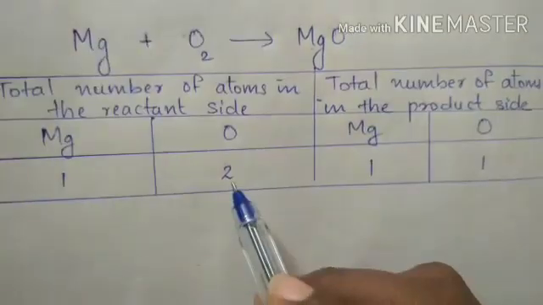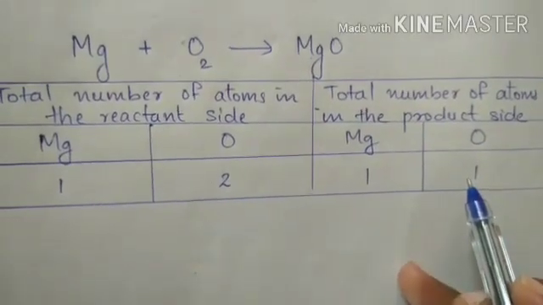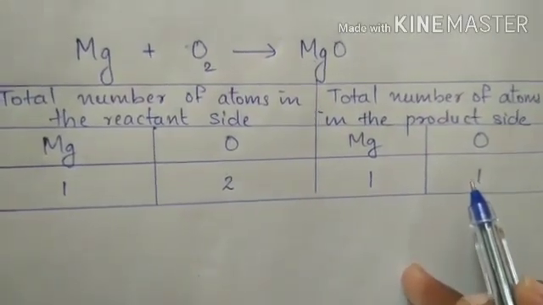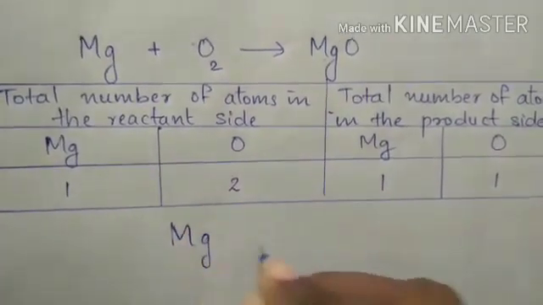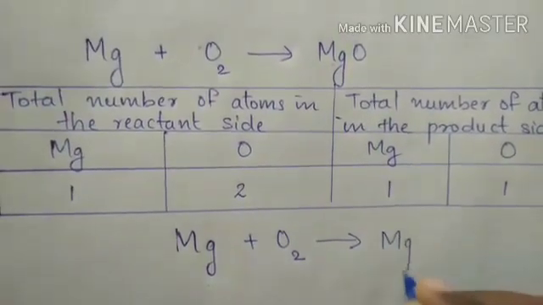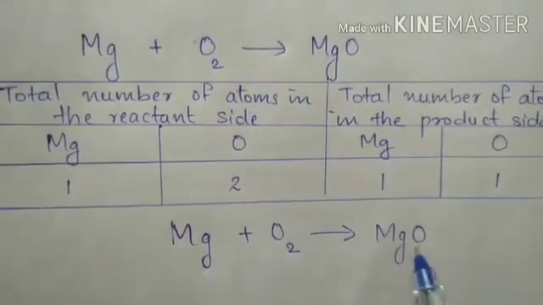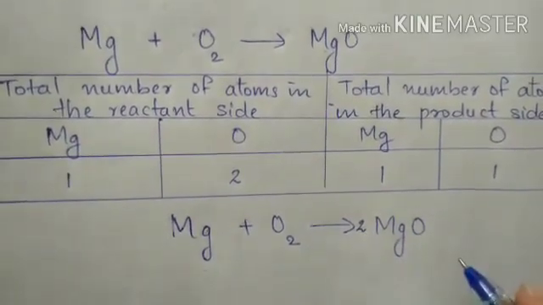As there are 2 oxygen atoms on the left side and 1 on the right side, we have to multiply the magnesium oxide on the right side by 2 to get 2 molecules of magnesium oxide. So we get the equation Mg plus O2 gives 2 MgO.